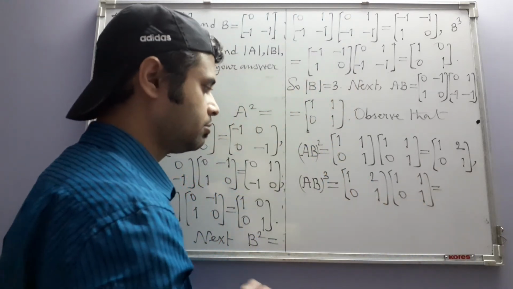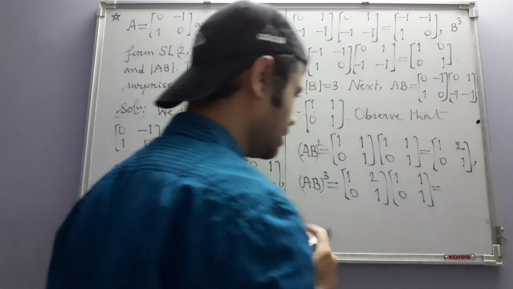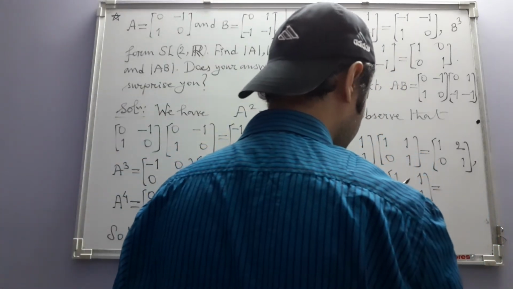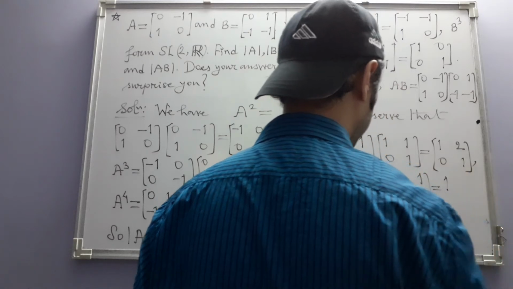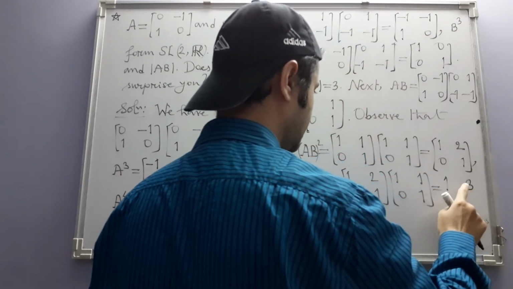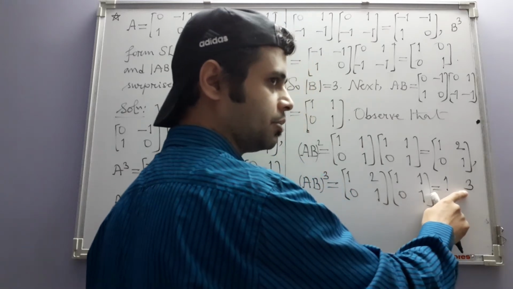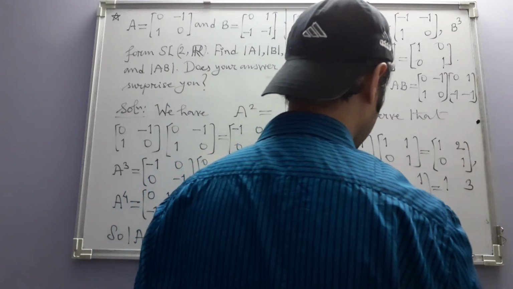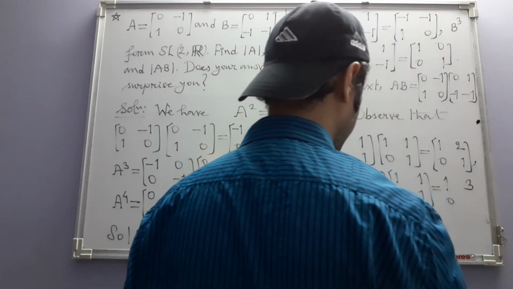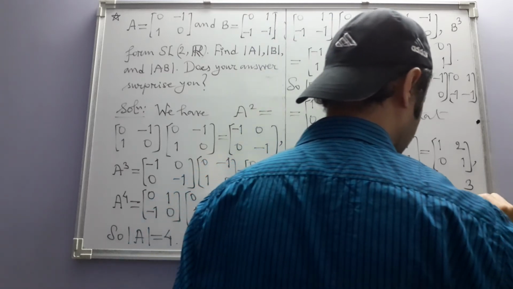This one will make you realize that we are never in fact going to get the identity matrix. 1 plus 0, 1, 1 plus 2, 3. This element, the first row second column element, keeps getting larger and larger. 0 plus 0, 0, 0 plus 1, 1.